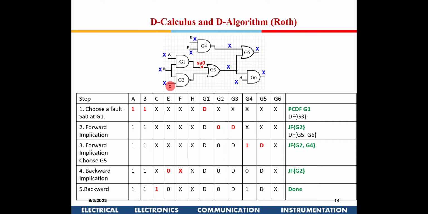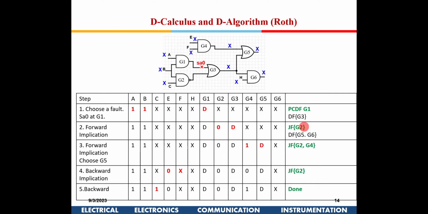For the time being, I'll push that G2 into the J frontier, which indicates that I have moved from here and assigned here. This gate is presently in the J frontier. That means the assignment of the input parameters is pending for that gate. That is how I keep track of gates which need to be assigned inputs. So this G2 gate goes into the J frontier.